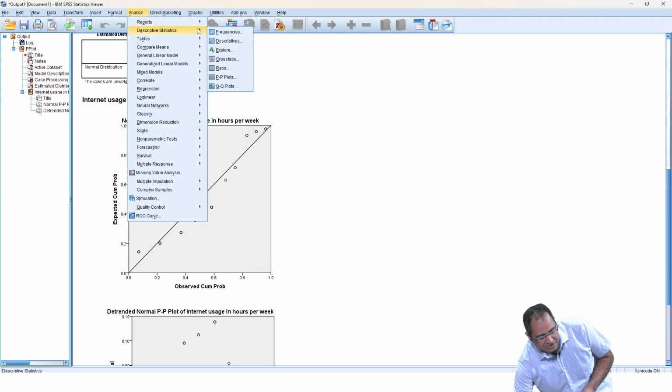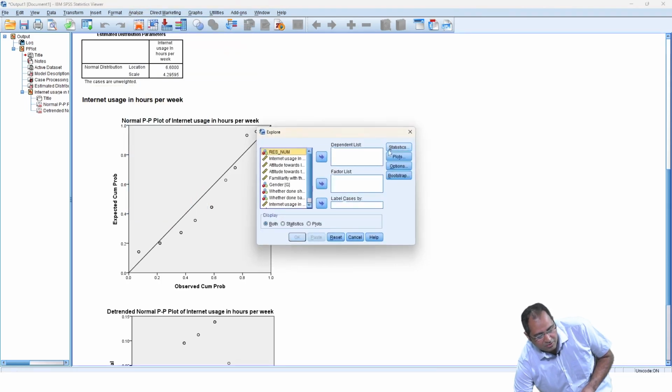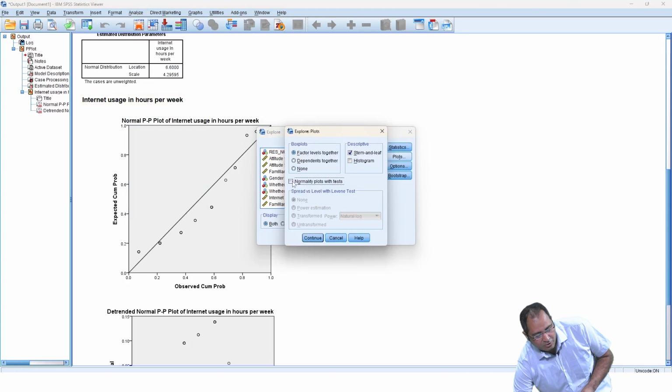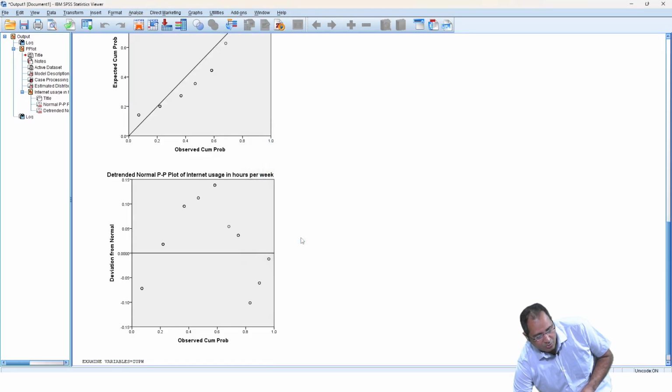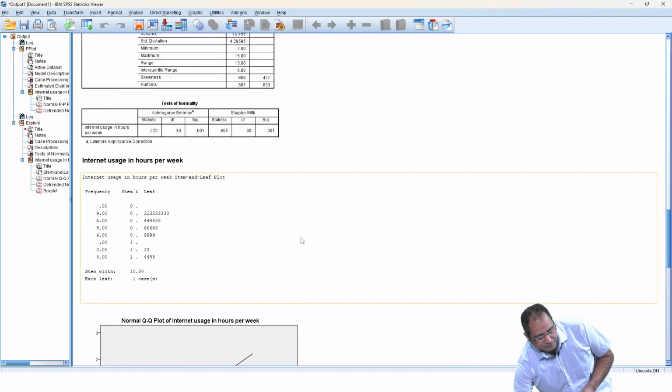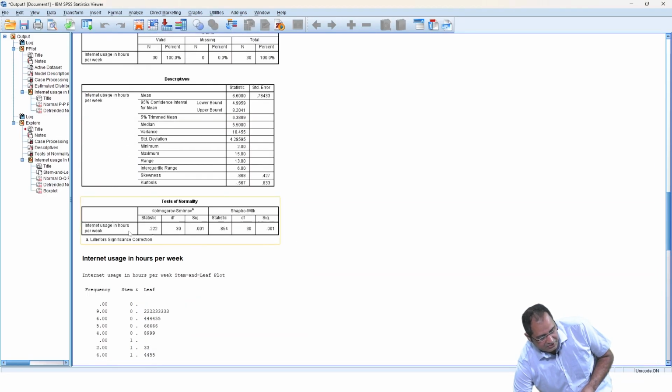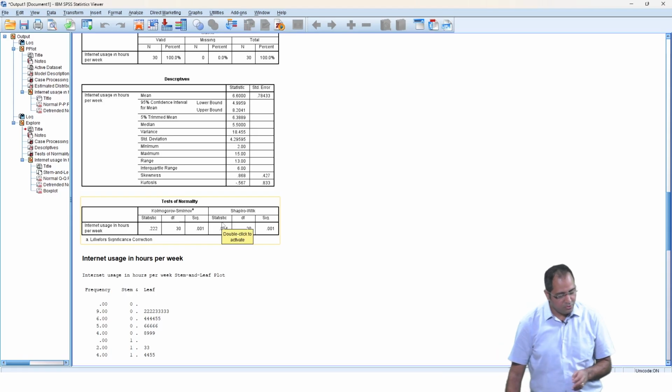Analyze, descriptive statistics, explore, move internet usage into the dependent list, click on plots, normality plots with tests, continue, and OK. You are getting these tests of normality: Kolmogorov-Smirnov and Shapiro-Wilk.